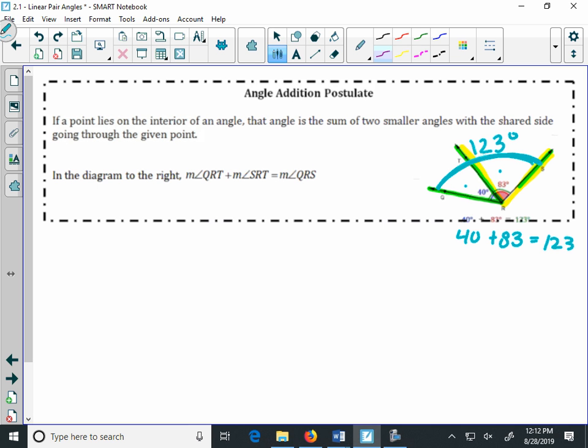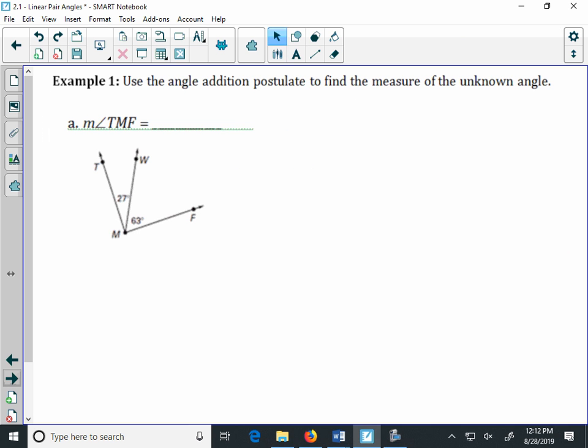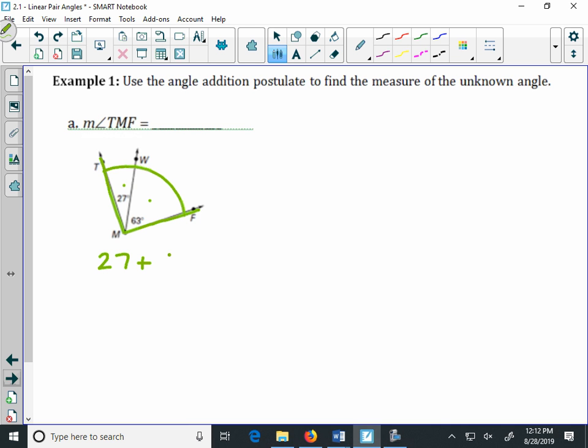So if we take a look at some examples, we want to use the angle addition postulate to find this big angle with a given angle. So we want to find angle TEF. Using the angle addition postulate, you add the two little angles together and it will equal the big. So what do we get when we add those two little angles together? 90. Good.